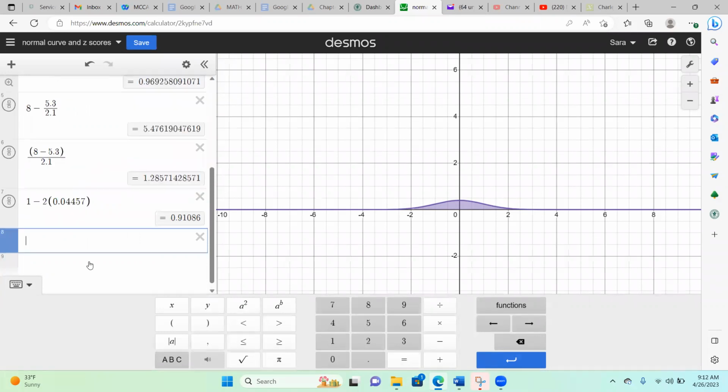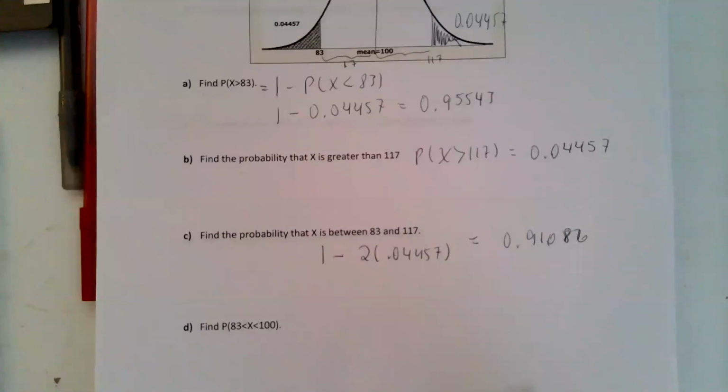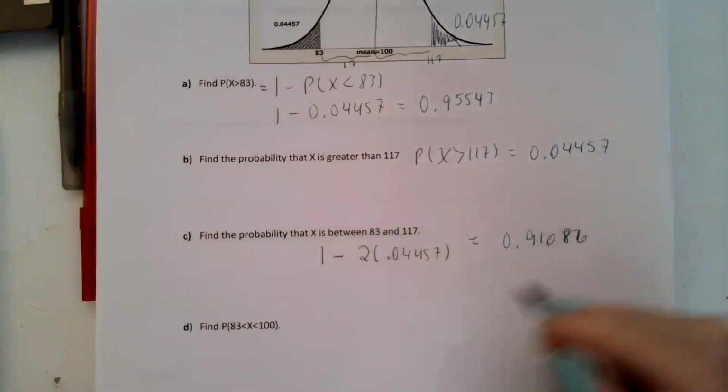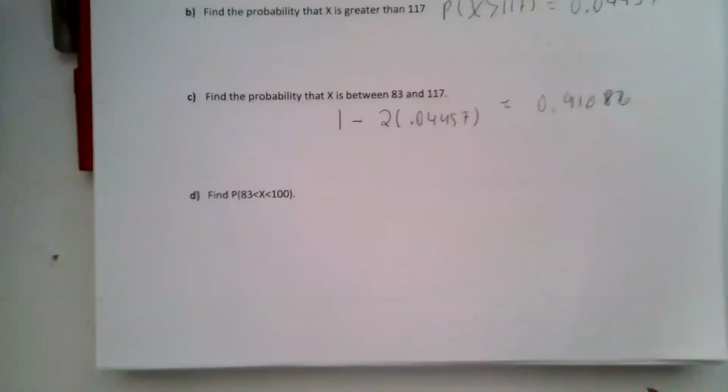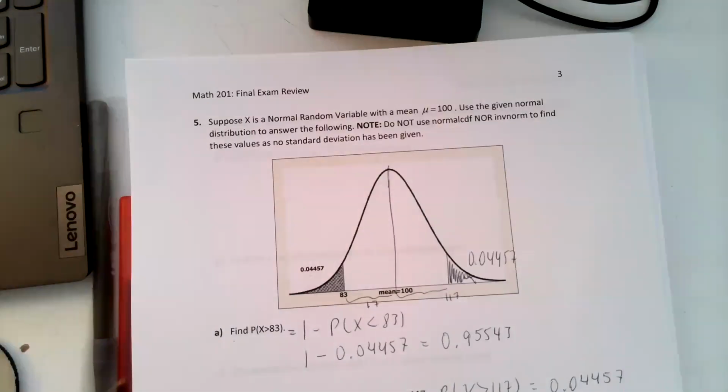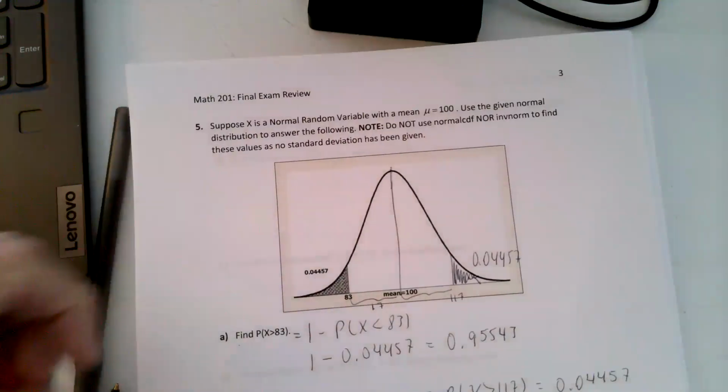And then the last piece says, find the probability that X is between 83 and 100. I'm going to just go back and share my screen so you can see. So this is the answer to the last question. Part D says between 83 and 100. So that's this space right here.